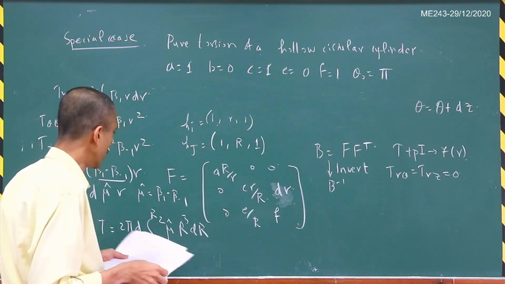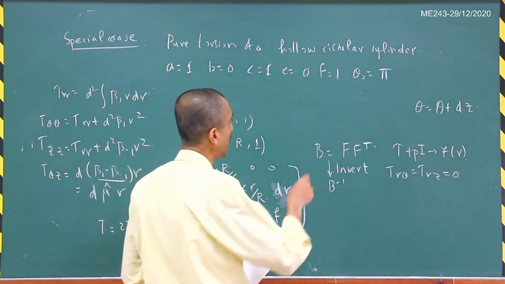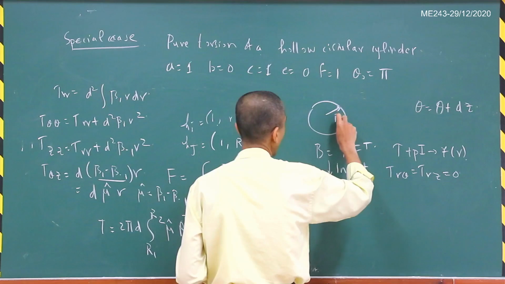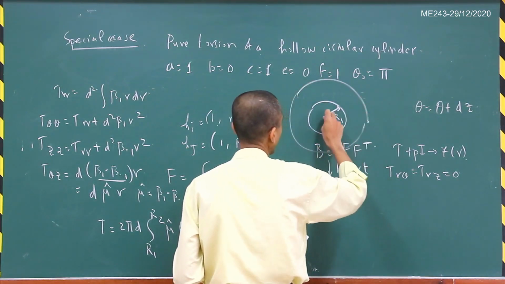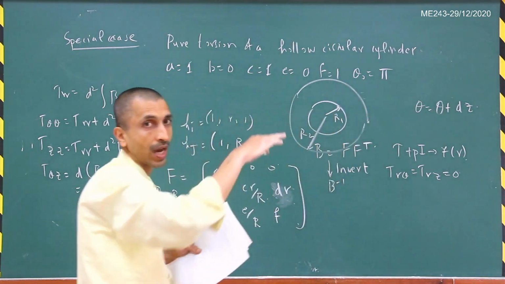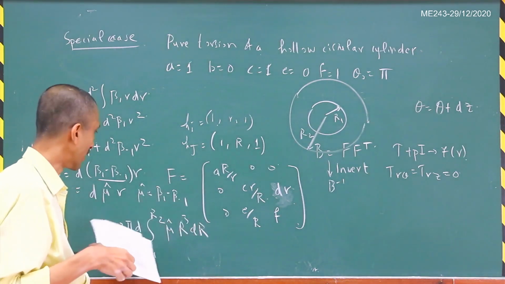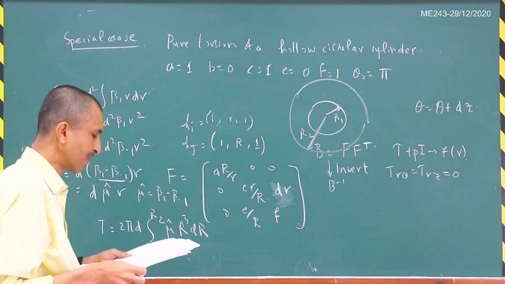These r1 and r2 are the radii in the undeformed or reference configuration, the original configuration, right? So r1 and r2 are the original radii before the application of the load, but the integral is expressed in terms of this r1 and r2 here.